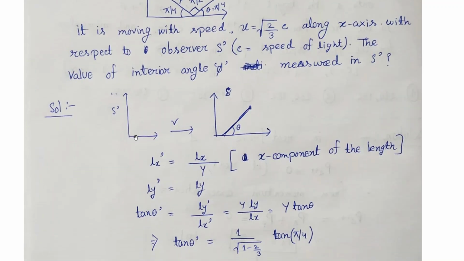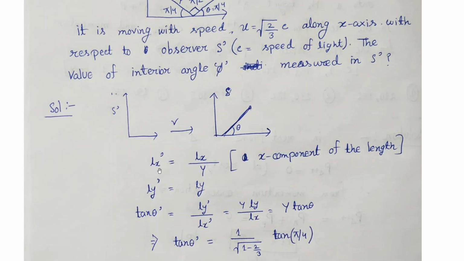So here is the frame S prime, and in the frame S, let us suppose the rod is at angle theta. If you don't remember the formula directly, you can derive it very quickly. If a rod is at angle theta, what is the contracted length in the S prime frame? Only the x component changes, and the y component remains the same.